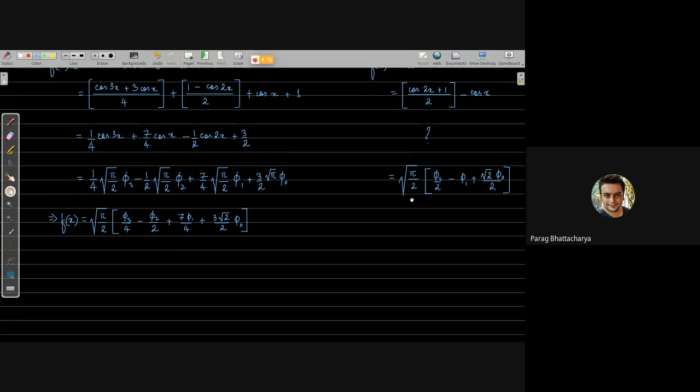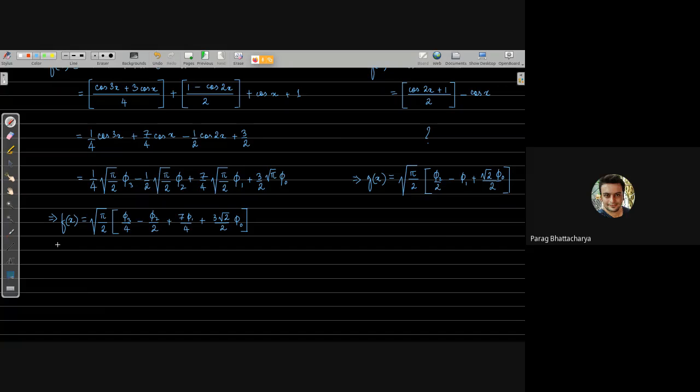Okay, so we have f, we got this, and this is g. Implies g of x is equal to this. So f of x is this and g of x is this. So once we have this f of x and g of x, we can write down the coefficient matrix.